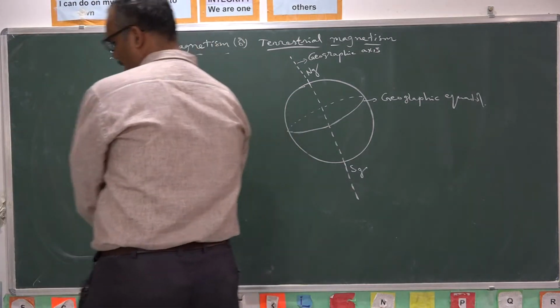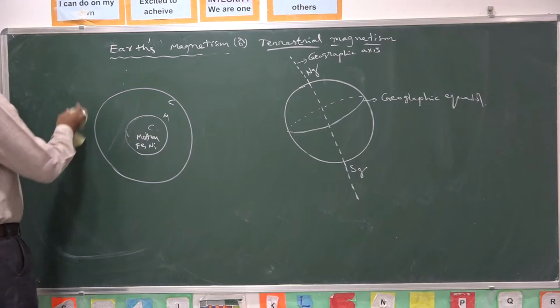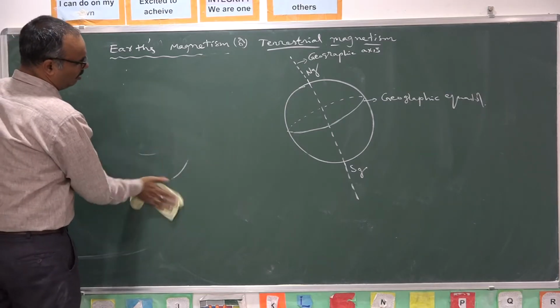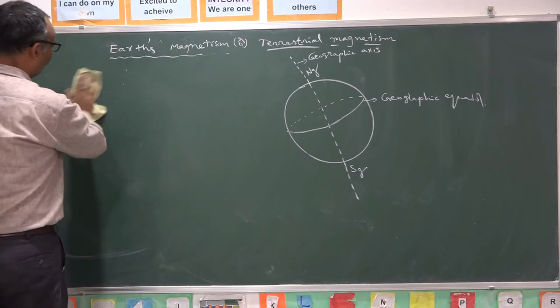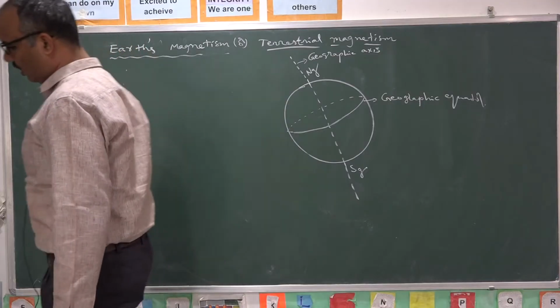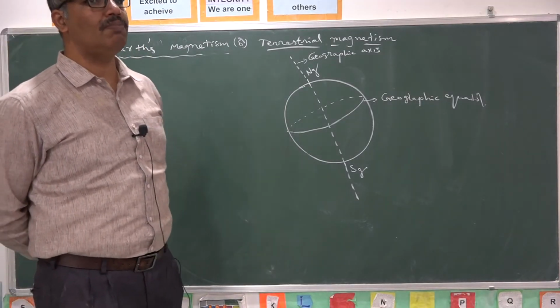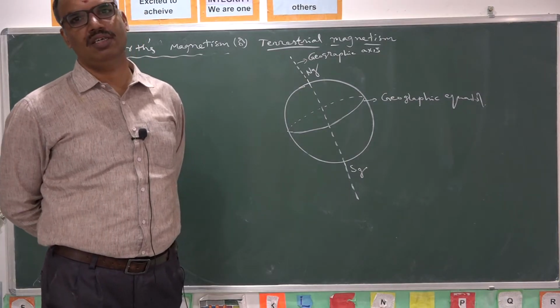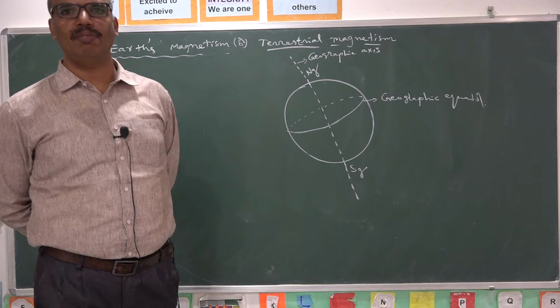Elements of terrestrial magnetism. These elements are essential to understand the magnetic behavior of Earth, because whatever device we use on Earth's surface is working with the principle of electricity and magnetism. The magnetic behavior of a particular object may be altered by the Earth's magnetic field.